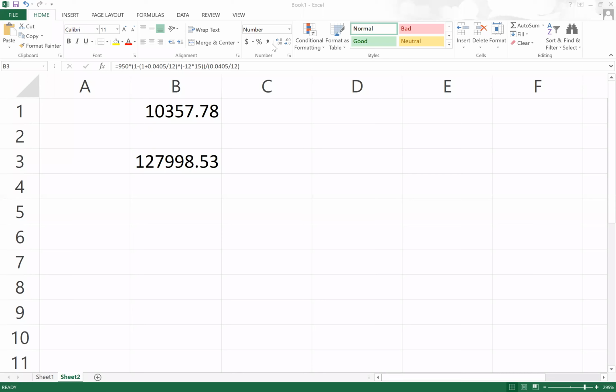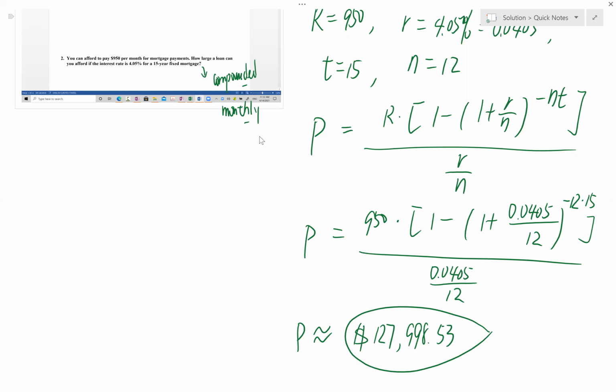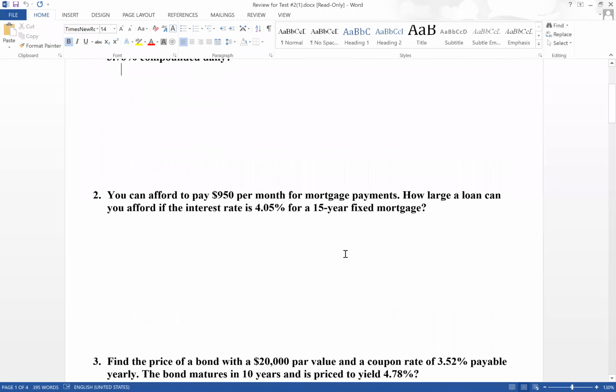So the final answer is $127,998.53. That's the borrowing power for this particular borrower. Okay. All right, so this is the first couple of questions.